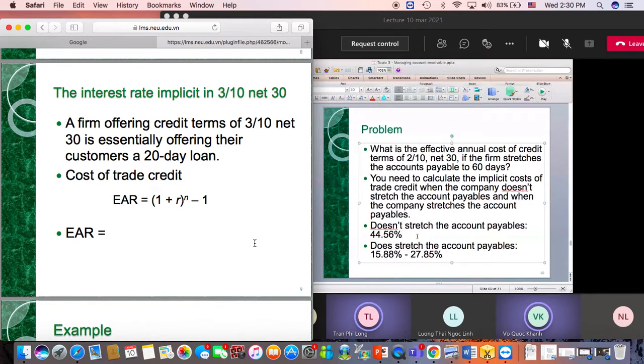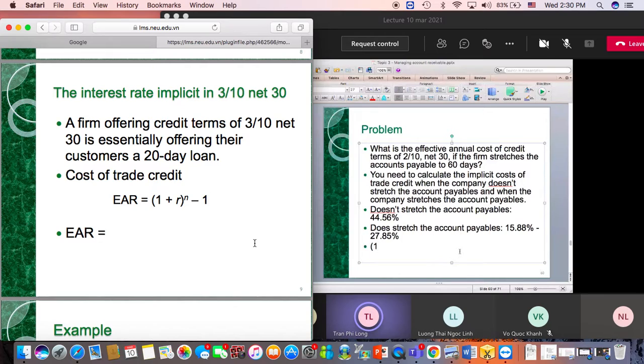Okay, let me calculate it. For this one, it will be 1 plus 2 over 98, not 99, it must be 98, to the power of 365 divided by 50, and minus 1.